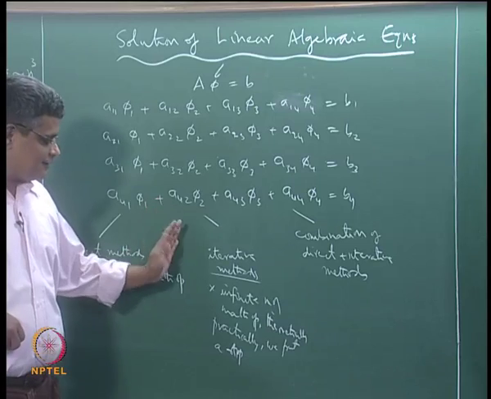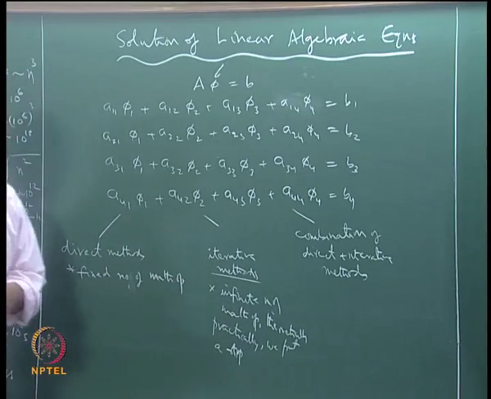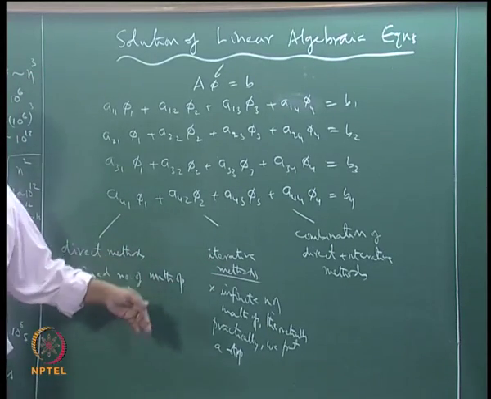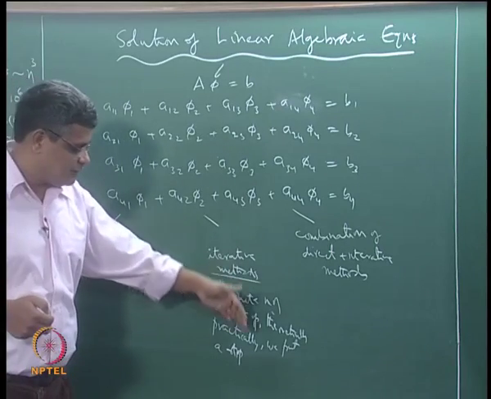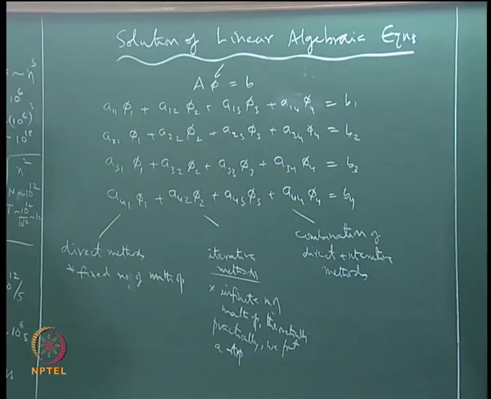In theory they have an infinite number of mathematical operations, but practically, if you put an accuracy on the level of solution, then we can get some estimate of the number of mathematical operations required. So there is in a way no end to this, but it will end at some point.